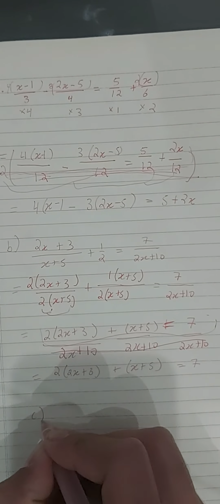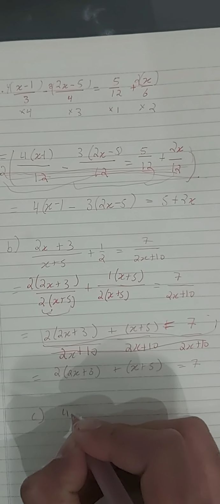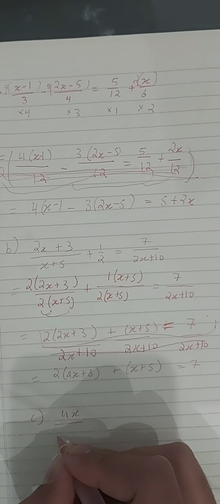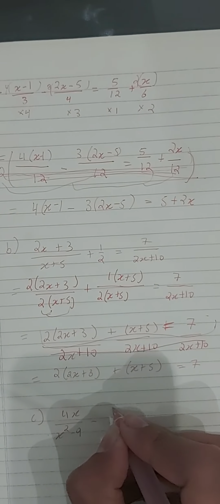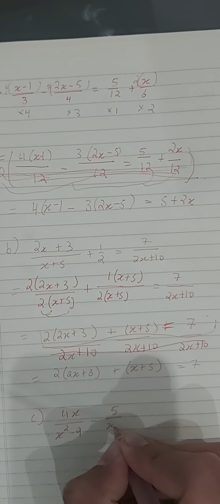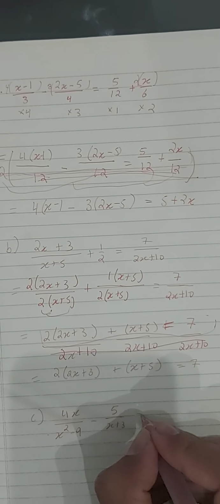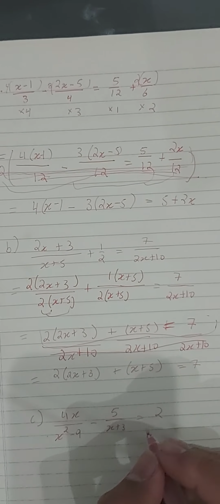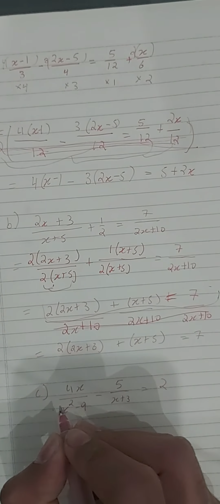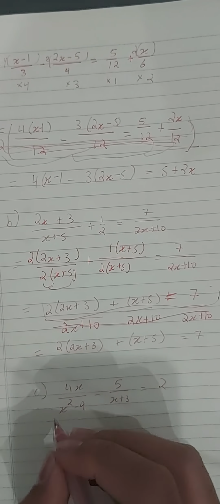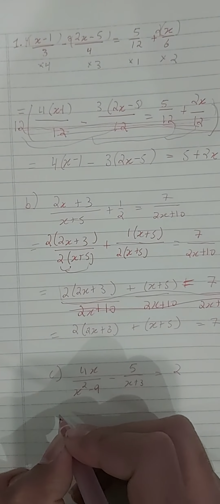And for C, it says 4x over x squared minus 9 minus 5 over x plus 3 equals 2. Okay, so over here, first of all, we have to factor everything that's possible.